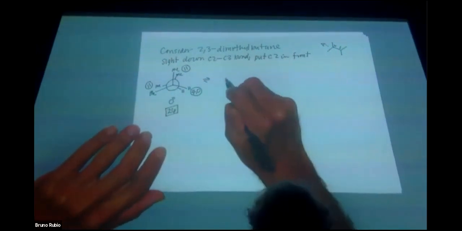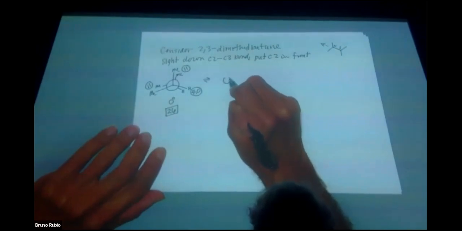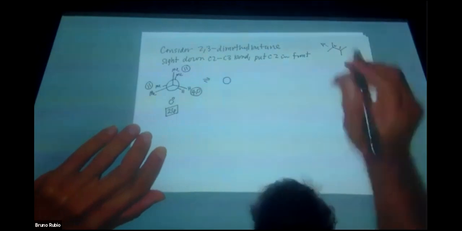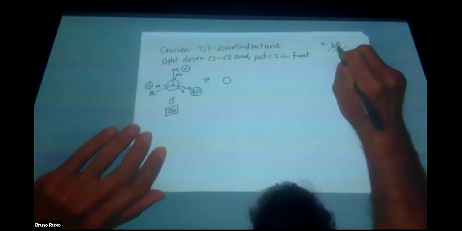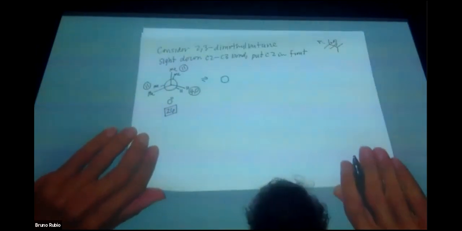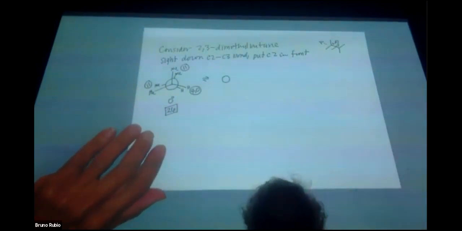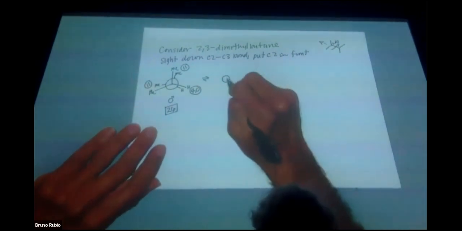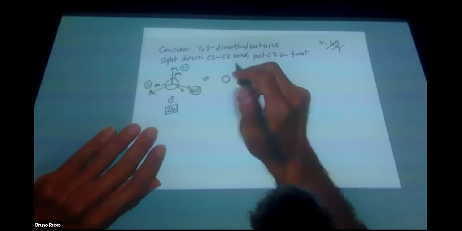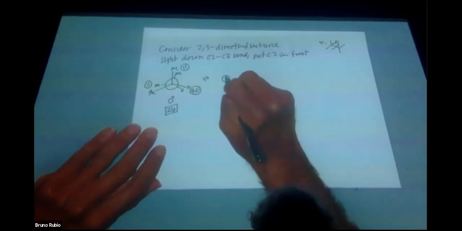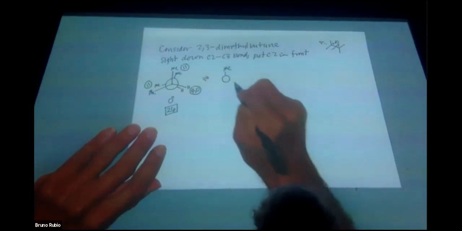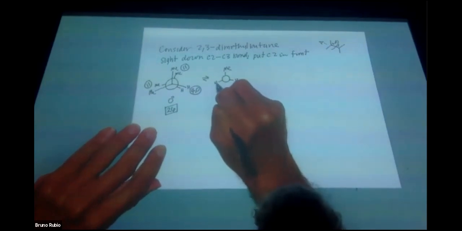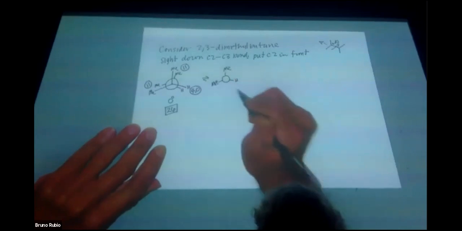So the next conformation is going to be a staggered conformation, where I'm allowing the carbon-2, carbon-3 bond to rotate in order to relieve the strain interactions. The carbon in the back is bonded to two methyls and a hydrogen.